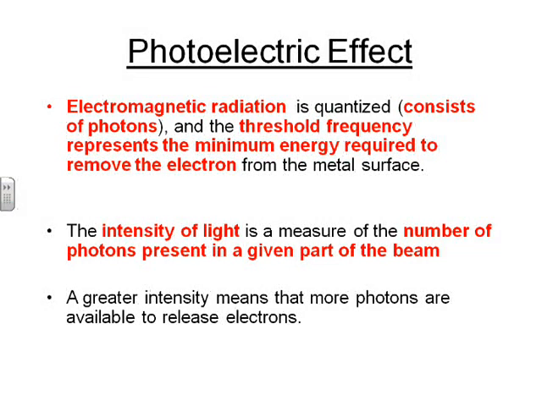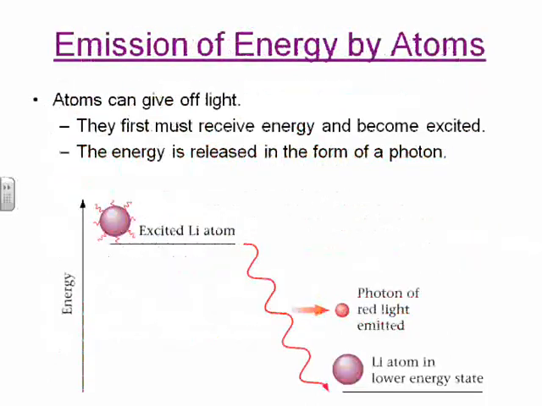When it releases that energy, just like the photon we saw earlier, if it's lithium, it's going to release red. If it's magnesium, it's going to release a different color. If it's calcium, it will release another color. So the color it releases when the photon is emitted helps us identify which element we're working with.